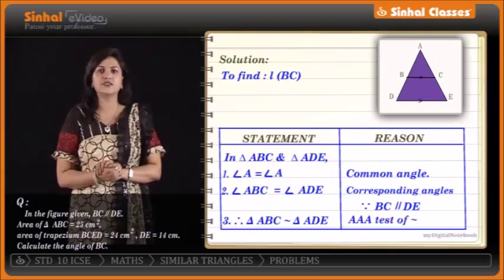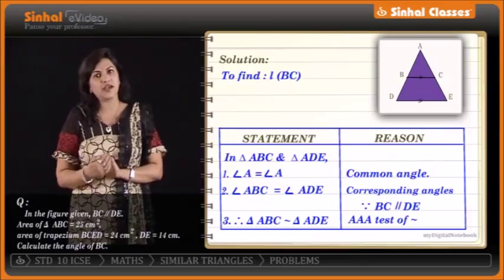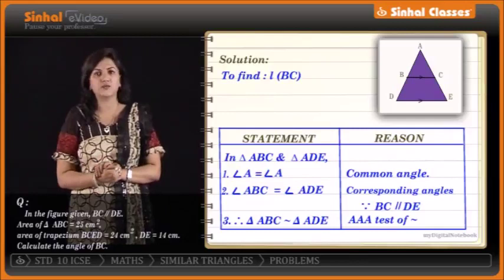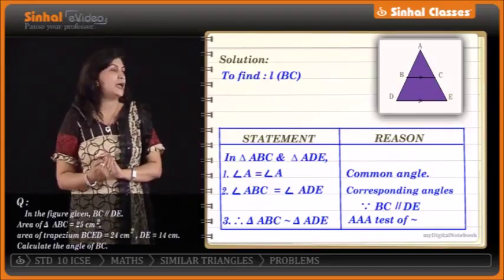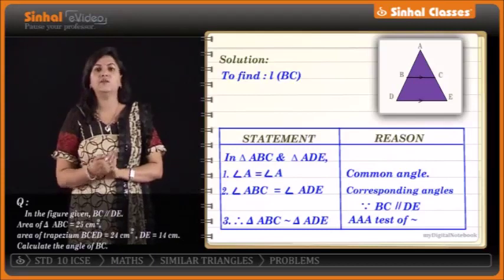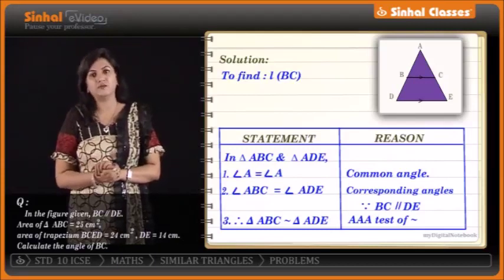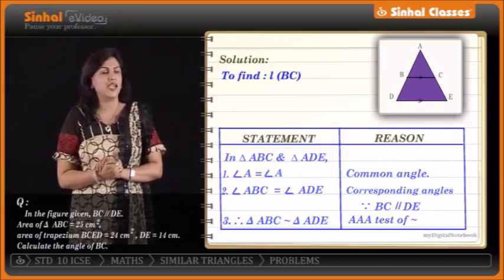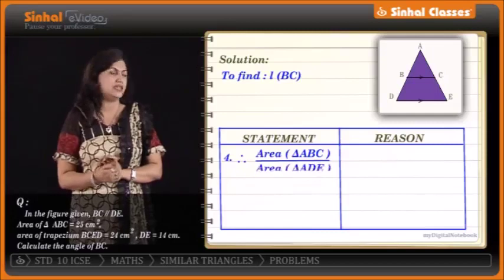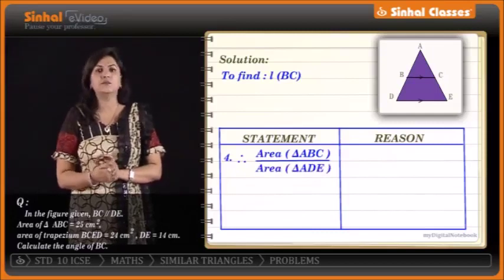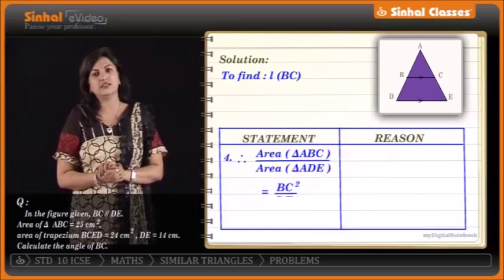Now we have two similar triangles and we know that the ratio of the areas of two similar triangles is equal to the square of the ratio of their corresponding sides. We take the corresponding sides as BC and DE because we want to find the length of BC. So we write area of triangle ABC upon area of triangle ADE equals BC square upon DE square.